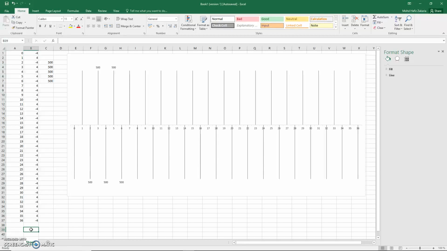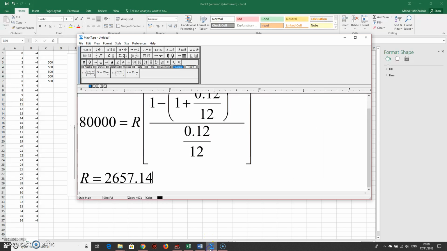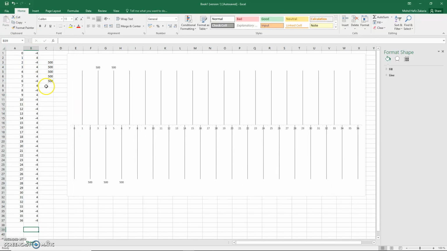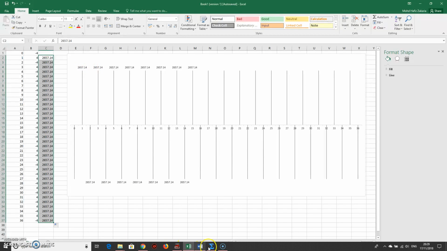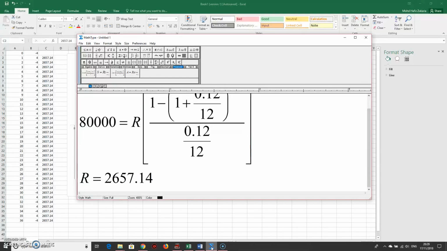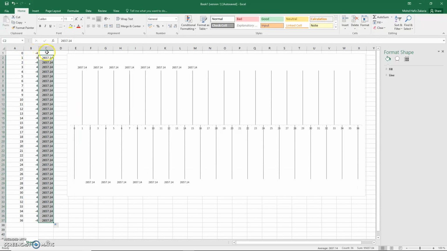The payment is 2,657.14. So this is how it should be. It did not really appear here, but each time the payment should be 2,657.14. The starting point should be 0, no payment.